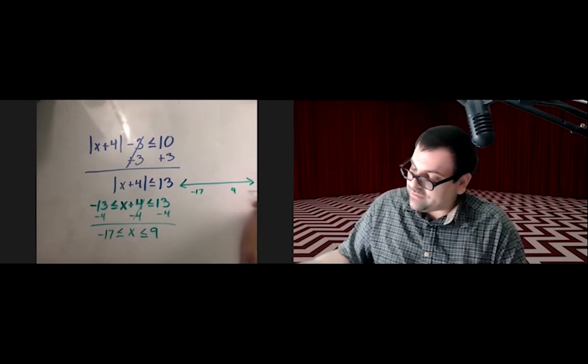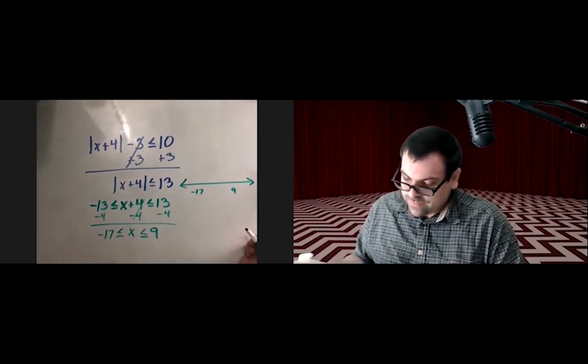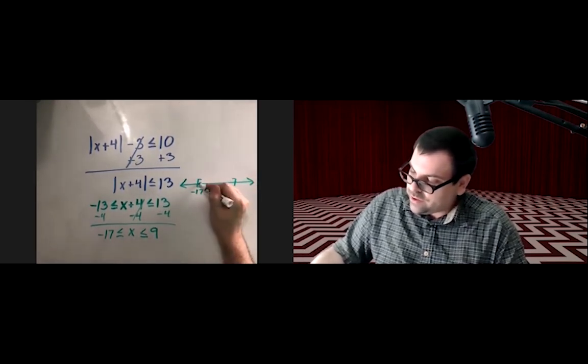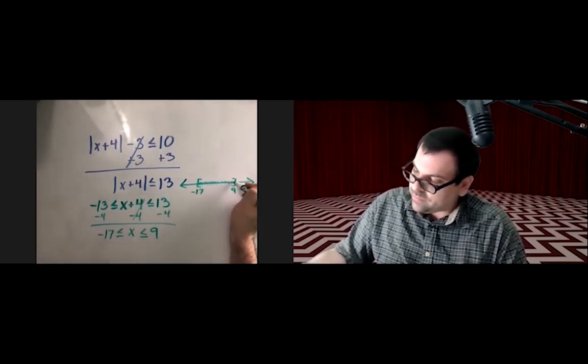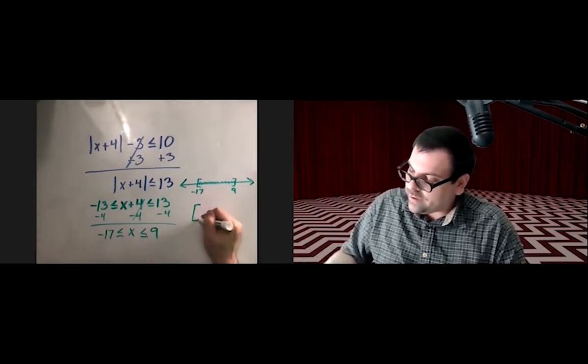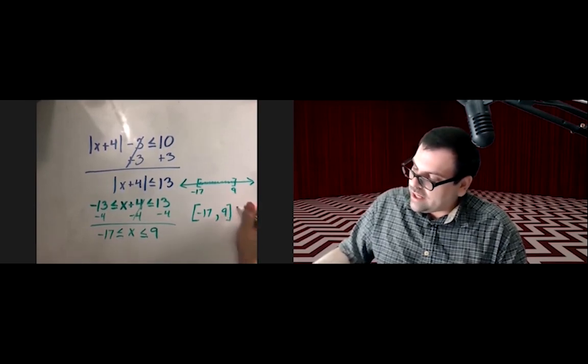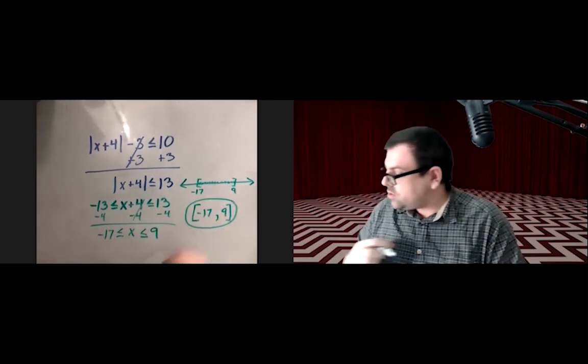We would have positive 9. Square brackets because of the or equal to, and our x is everything in between. We shade inside. In interval notation, we'd have the interval from negative 17 to positive 9.